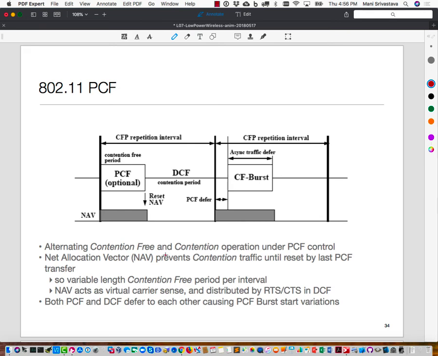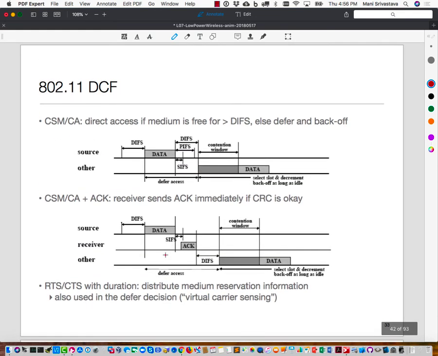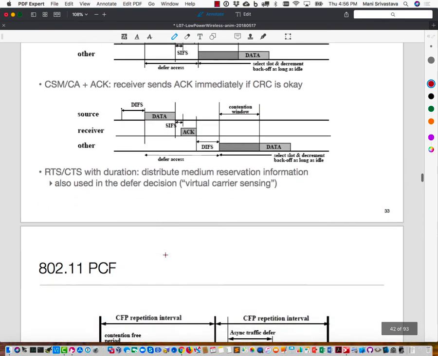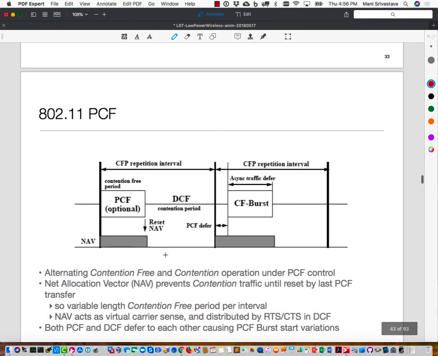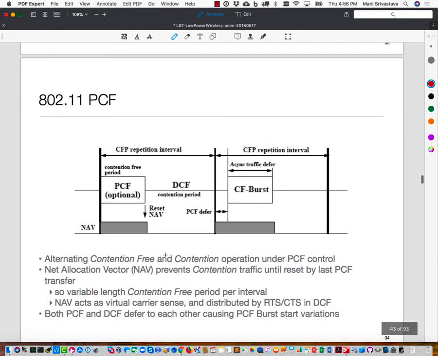And PCF is optional. If you don't have PCF, then the system is operating in that DCF mode, which was this slide, all the time. But if your network is running in the PCF mode, then it kind of looks like this.